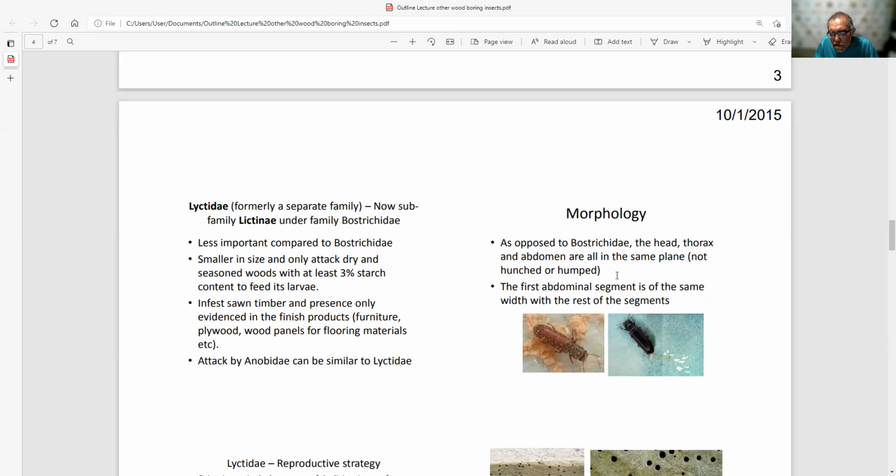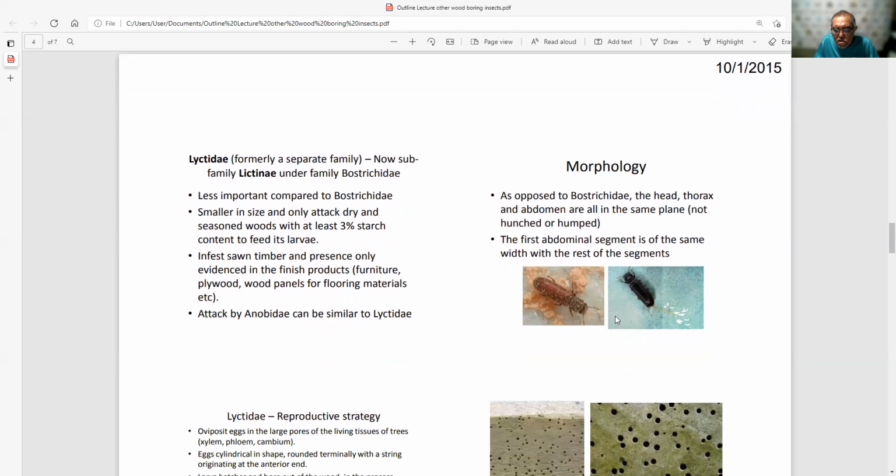But in Anobiidae, the abdominal segment is the same throughout, from the first one to the last one. So the width is the same, kelebarannya sama, as you can see in this picture. They do not taper off, dia tidak menirus.